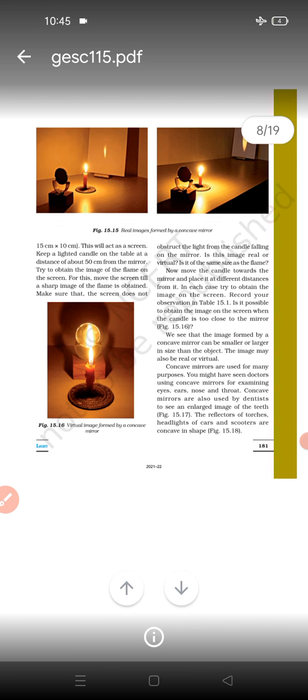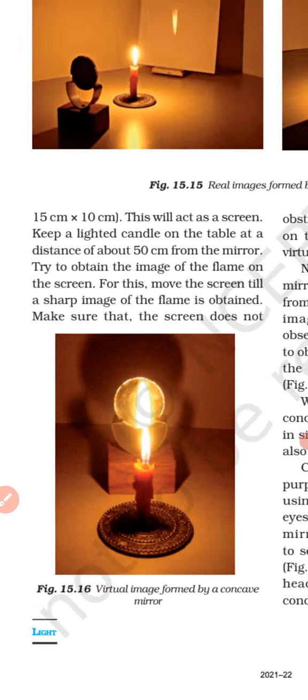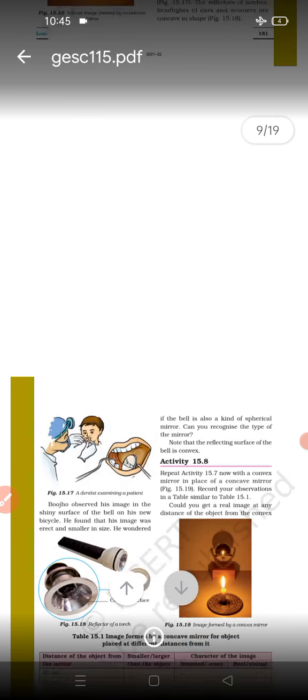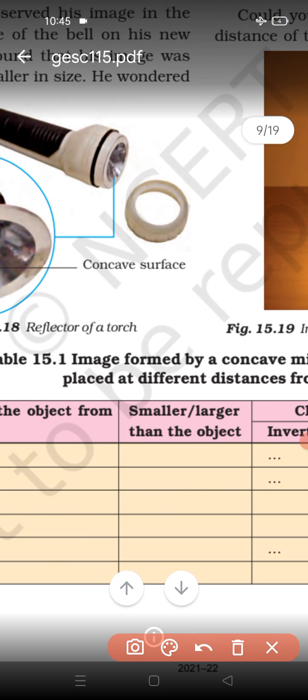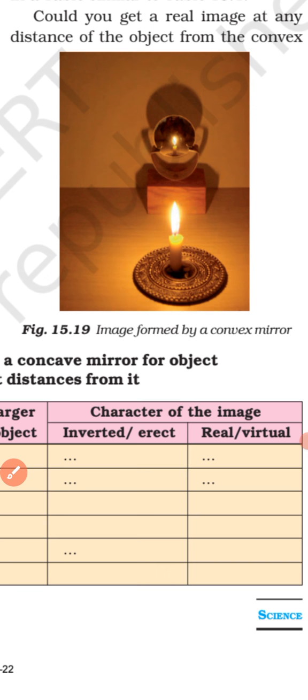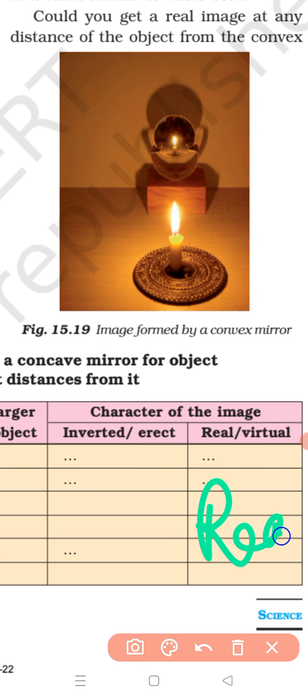No, picture is not given over here. Okay, it was larger. Next, character of the image is inverted or erect? It is again inverted. Real or virtual? It is real again. Okay.